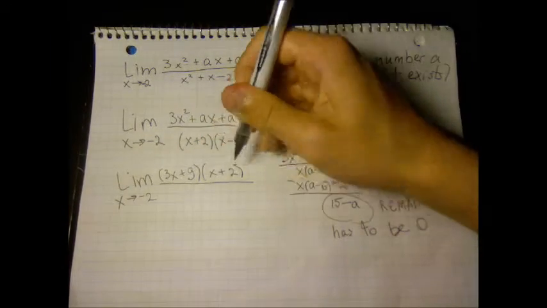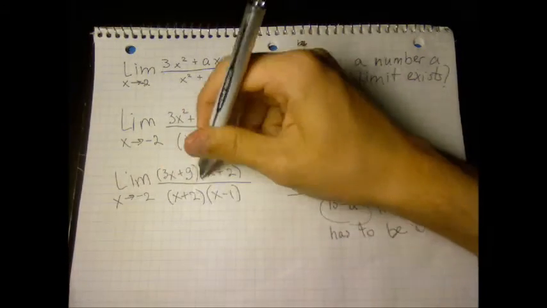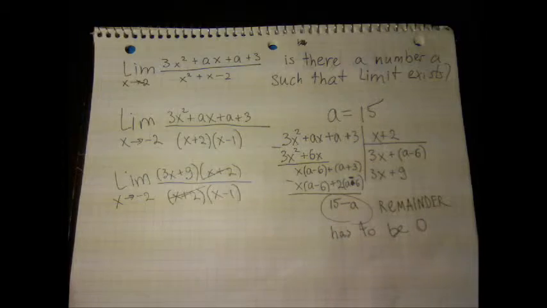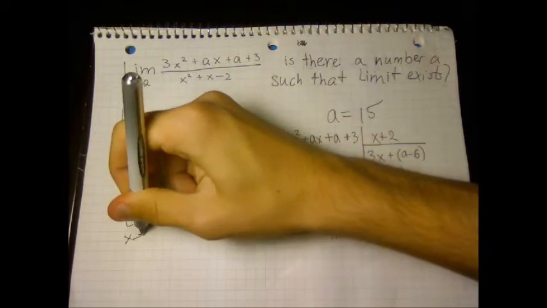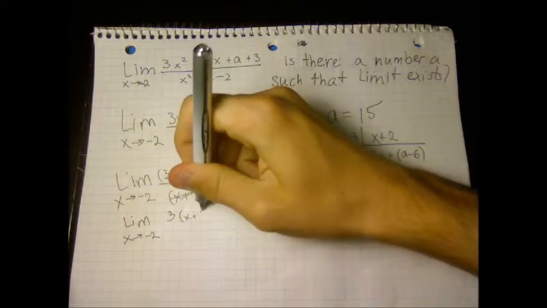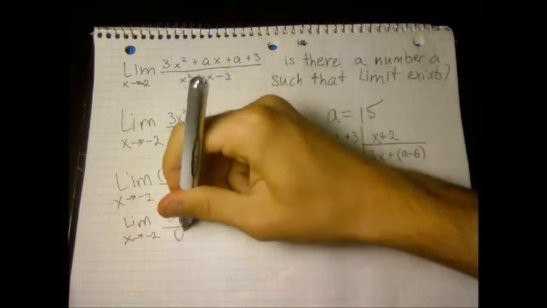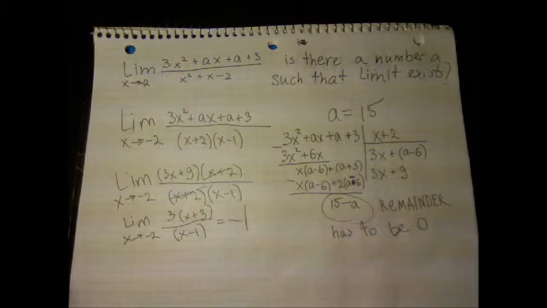And then you just cancel out x plus 2. And that will leave you with some answer, like negative 1. That's the limit of this. That's the limit that will exist in this case. The only situation where the limit will exist, actually.